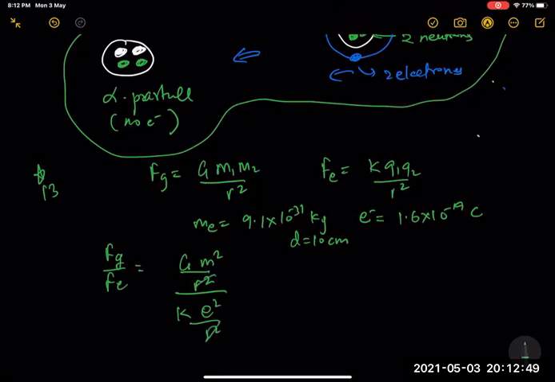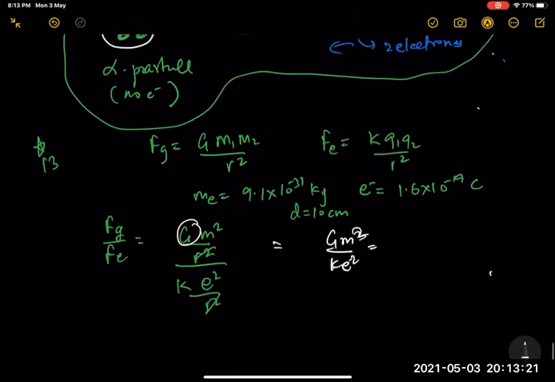So the r square will get cancelled. So it is equal to G m square by K e square.